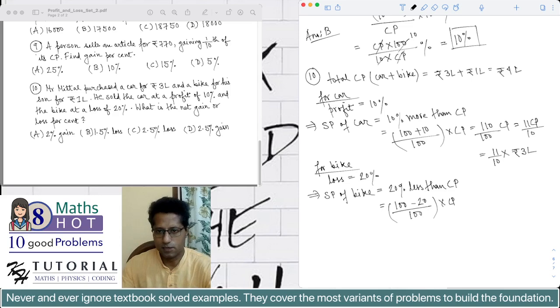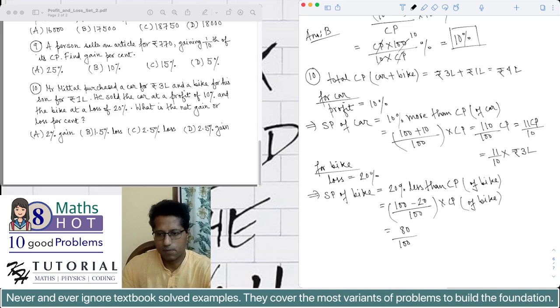Now, please note that these two CP are not same. This is CP of car, and this is CP of bike. This is equal to 80 by 100 multiplied by the CP of bike, which is rupees 1 lakh. 80 by 100 is 4 by 5. So 4 by 5 multiplied by rupees 1 lakh.